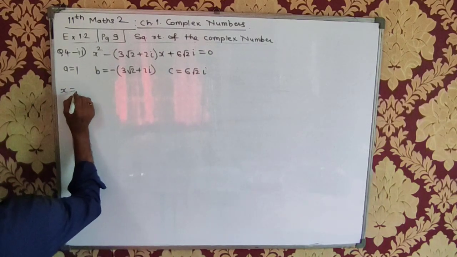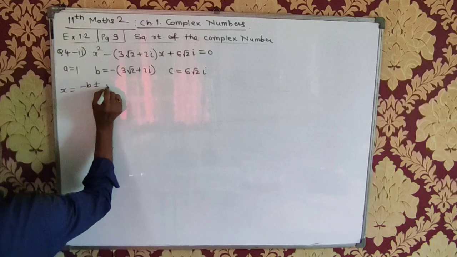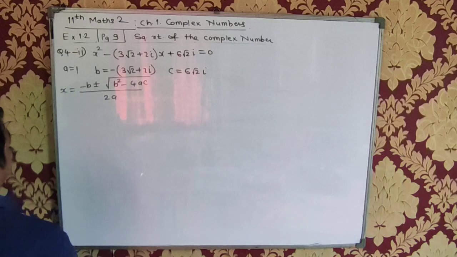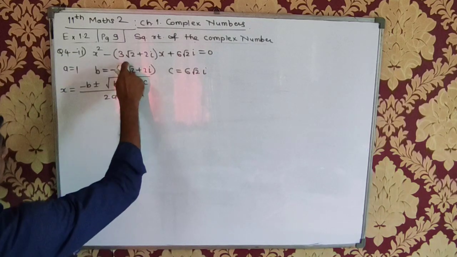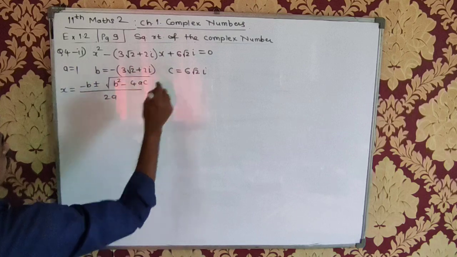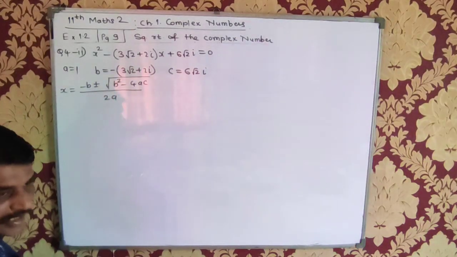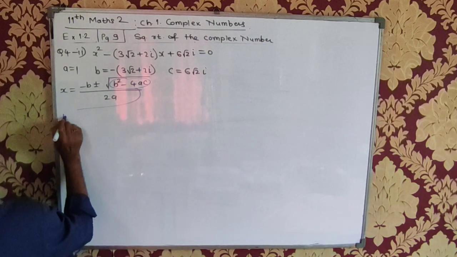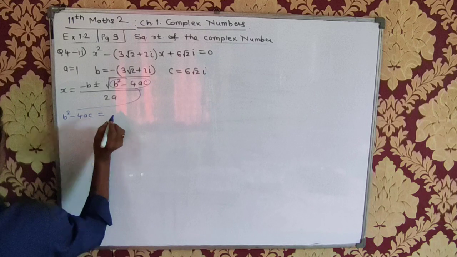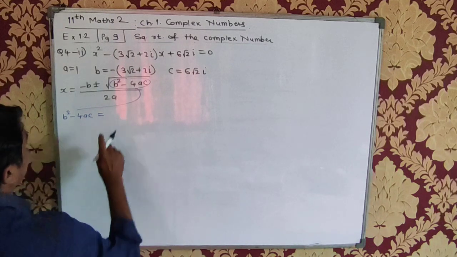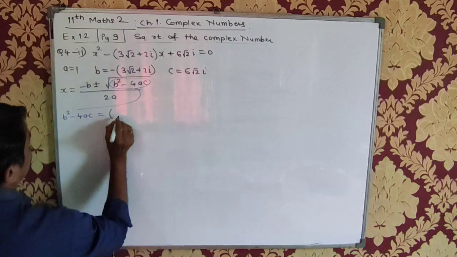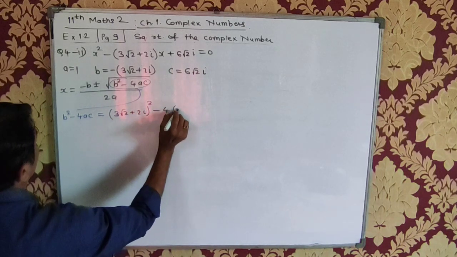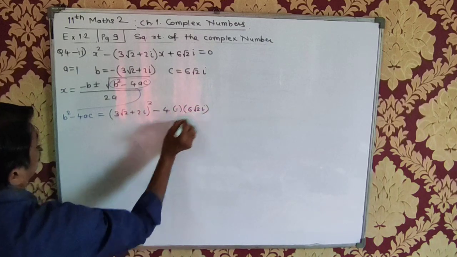Minus b plus or minus square root of b square minus 4ac upon 2a. b square, meaning its square, minus 4ac. I will calculate this thing separately. So this is (3 root 2 plus 2i) square minus 4ac.